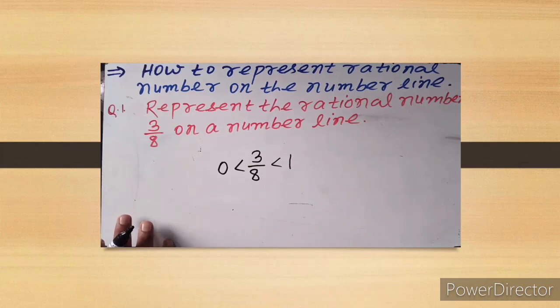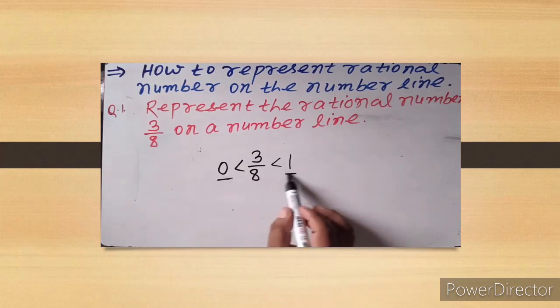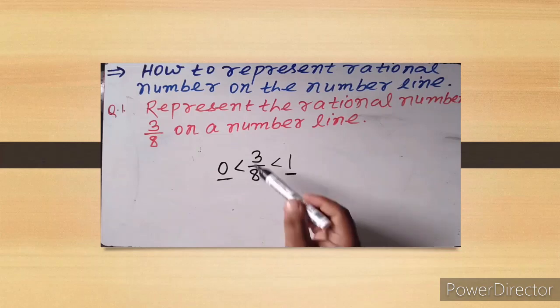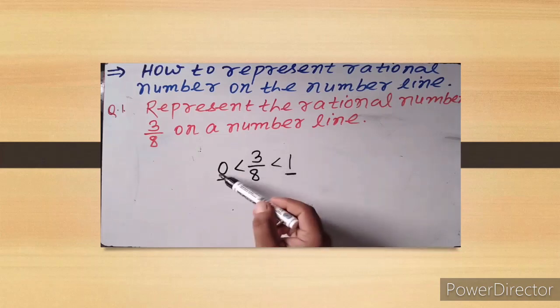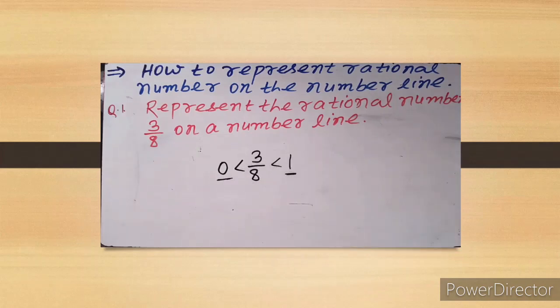One more thing you will remember: if you get a rational number of the proper fraction type, then you have to represent the rational number between 0 and 1. You can see over here also, 3 by 8 is between 0 and 1.